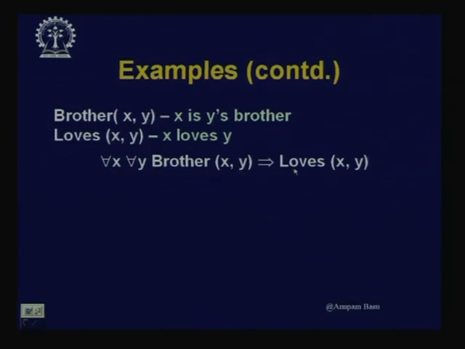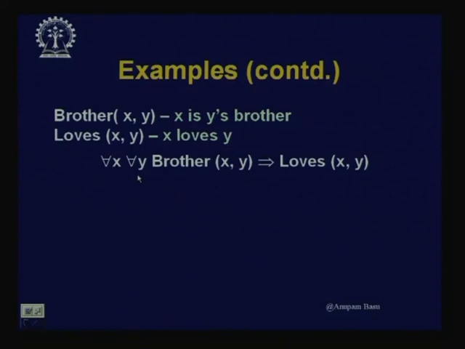Brother x y implies loves x y, and that is universally quantified over all x and all y. That means, for all x and for all y, if x is the brother of y, then x will love y. Whether in the real world that is true or not, that is a different issue, but this is a proper sentence in terms of the language of first order predicate logic.